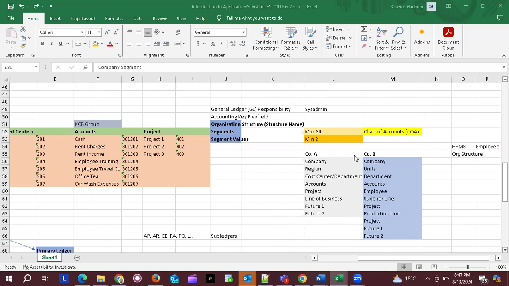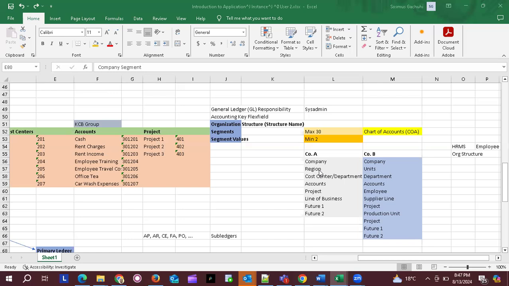So it's very important to be able to come up with different natures of chart of accounts. There are situations where we create more than one chart of accounts based on the nature of requirements. But this one is more tricky when it comes to the information that we have gathered from the client.